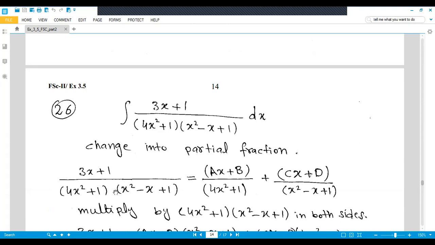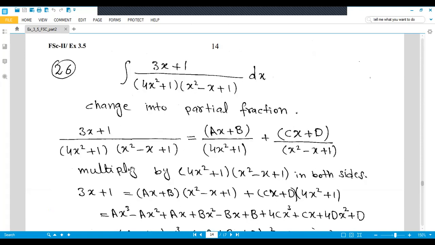Now multiply both sides with this denominator. So the denominator cancels and we get 3x plus 1, and with ax plus b, 4x square plus 1 cancels and x square minus x plus 1 comes, and with the second, x square minus x plus 1 cancels and 4x square plus 1 comes.